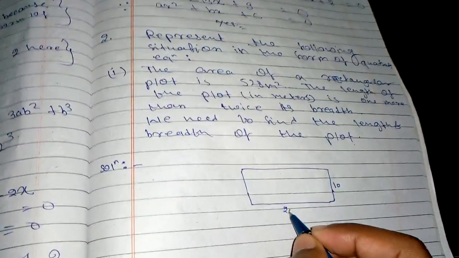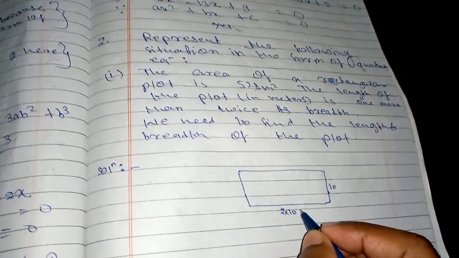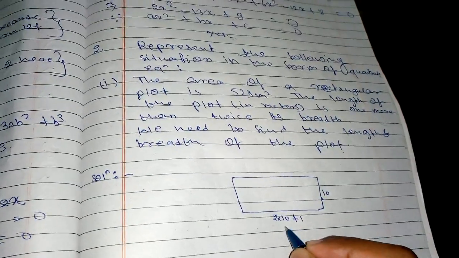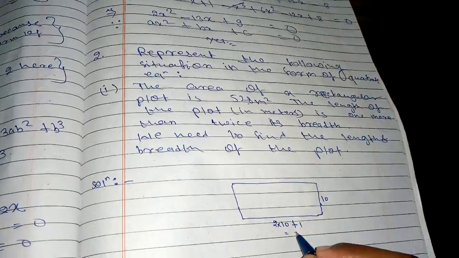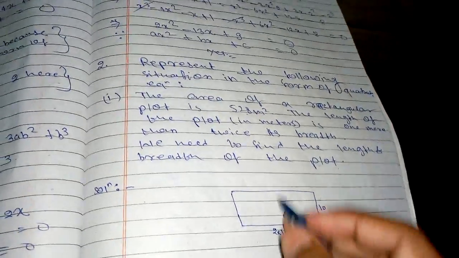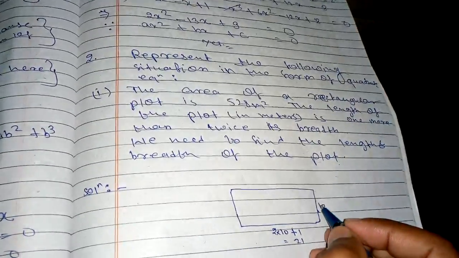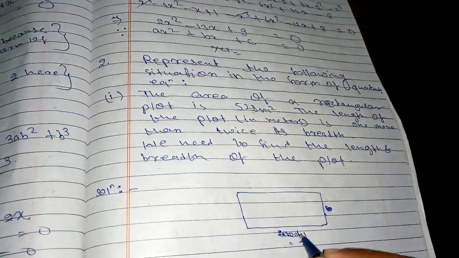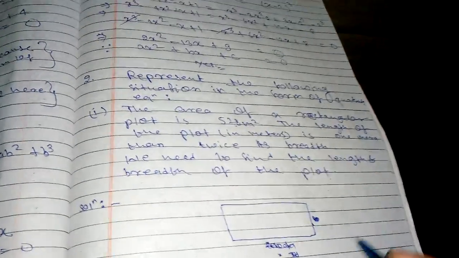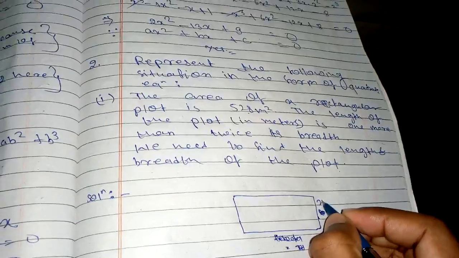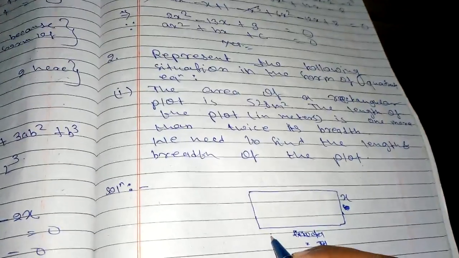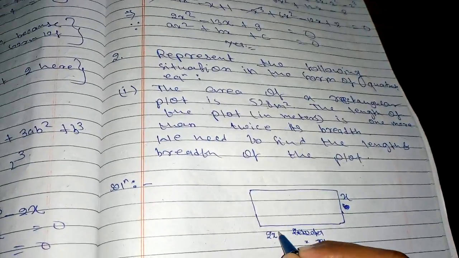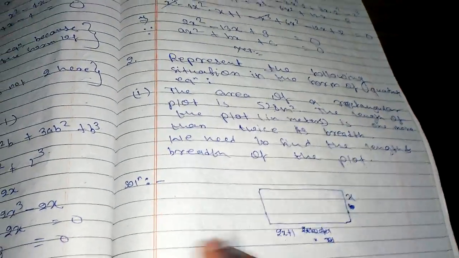Twice is 2 into 10, and one more means plus 1, so 20 plus 1 is 21. Same as that, here 10 is not given. Okay, so suppose width is x and length will become one more than its twice, like that.